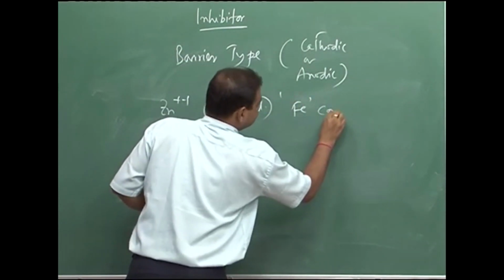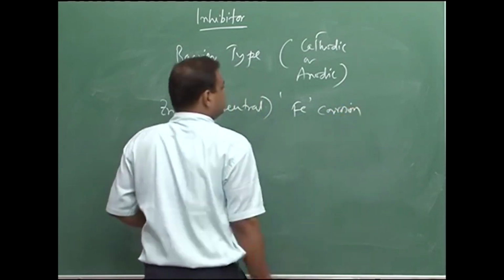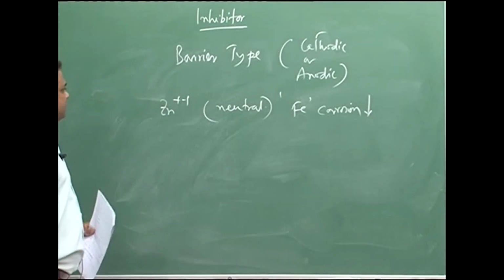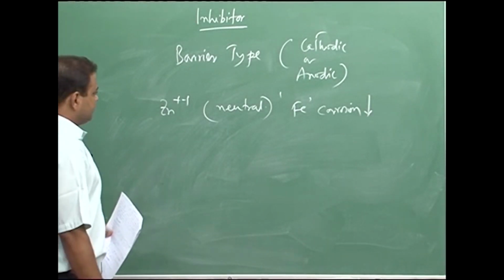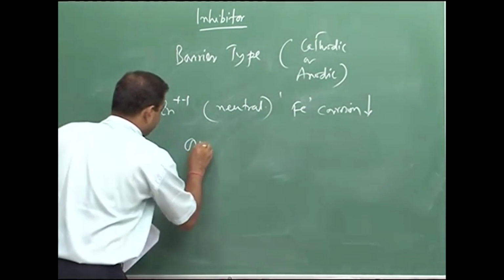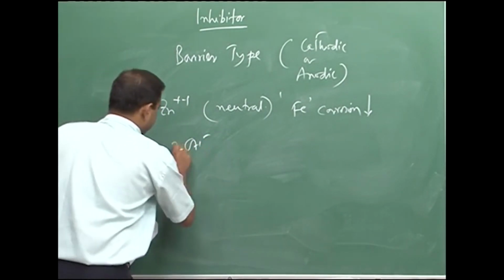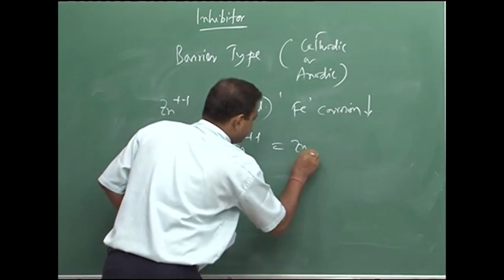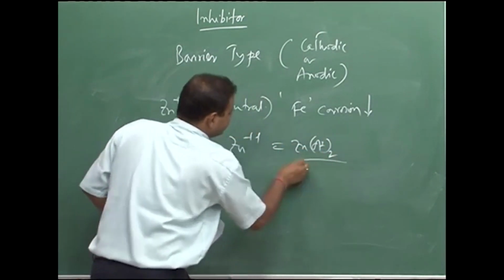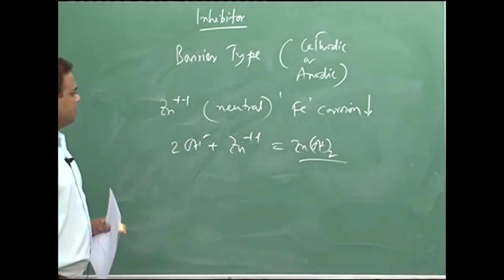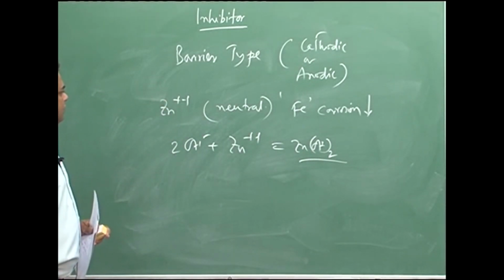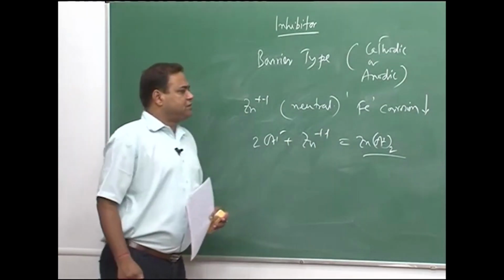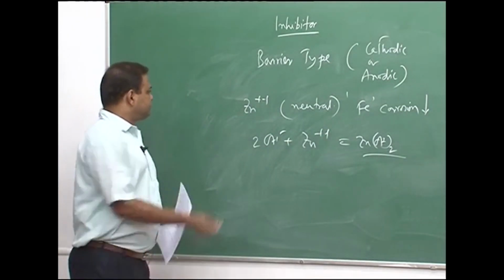Iron corrosion would reduce due to the presence of zinc ion. The corrosion product OH minus can react with Zn ion. This forms a film on the iron surface or the cathodic regions, and that can prevent corrosion. So, this is one example.